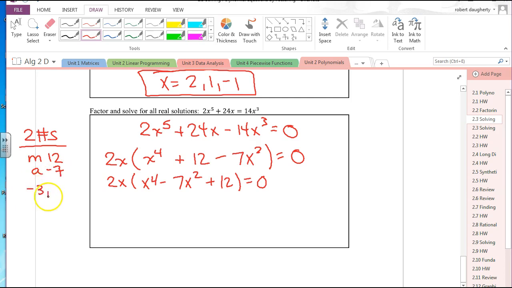It looks like a -3 and a -4 will do the magic there. So I can write this as 2x, and then x to the 4th minus 3x squared minus 4x squared plus 12 equals 0.